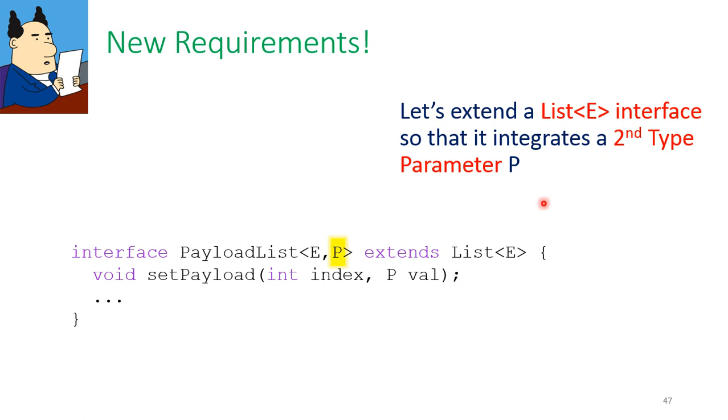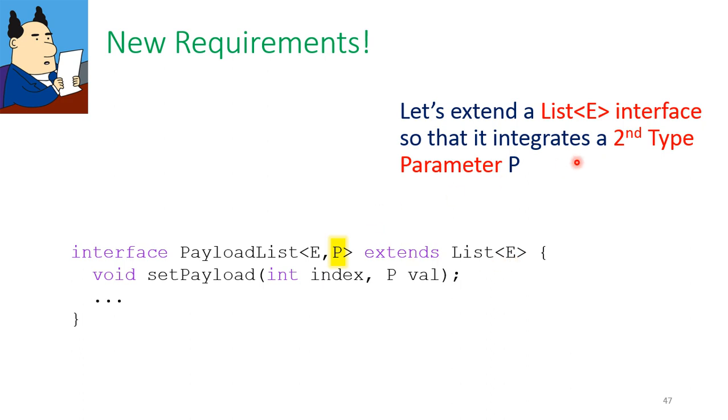Our example is going to use the List of E interface, that is from the Java collection framework as well. We're going to write our own interface named PayloadList. This one takes two type parameters, E, which corresponds to the E that we specify for List, and P, which is going to be a value.